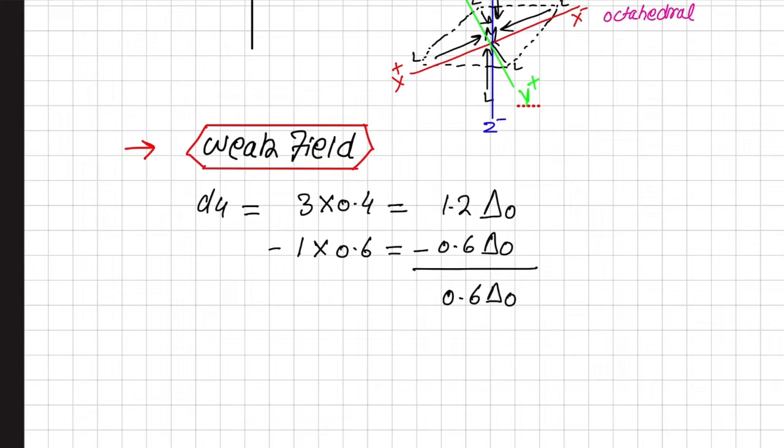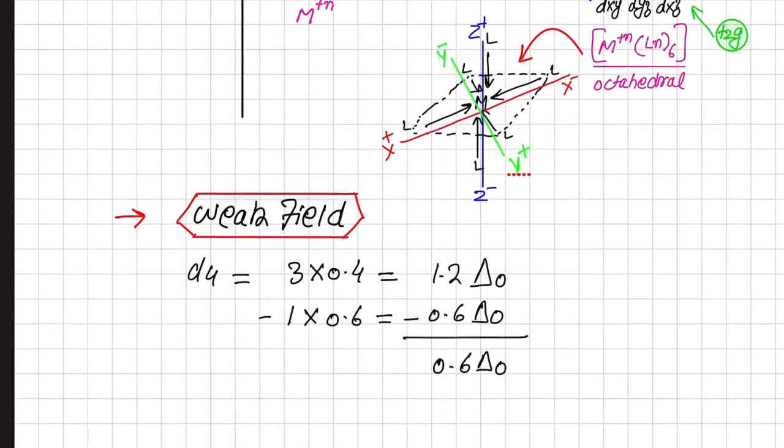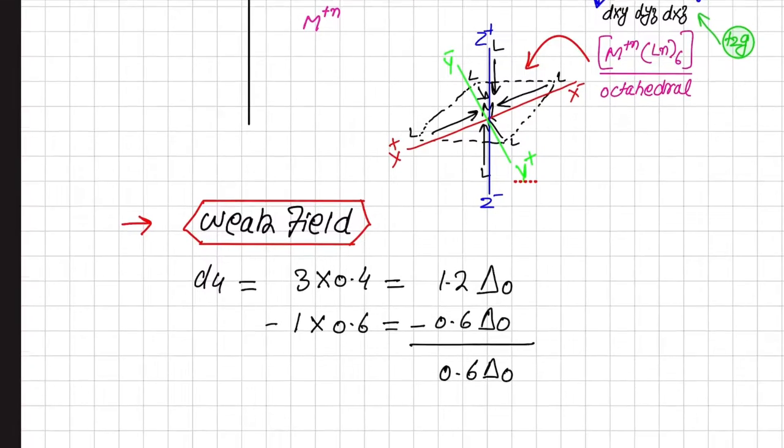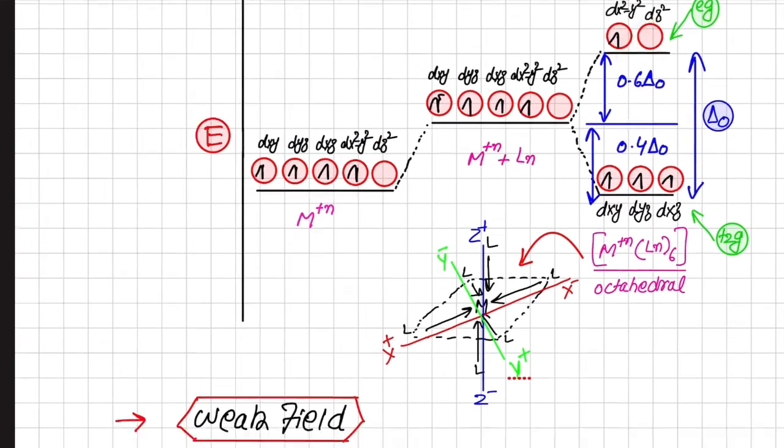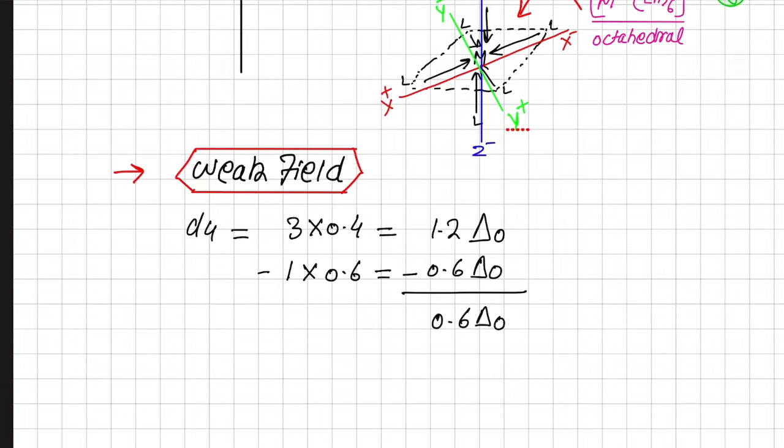So in order to calculate the overall stability, we will add the gain in stability and subtract the loss in stability to get the net stability, which is 0.6 del O in this case. If you compare the value now, as the 4th electron has gone high in energy, the overall CFSE value for the D4 system is less as compared to the previous calculations of D2 and D3.